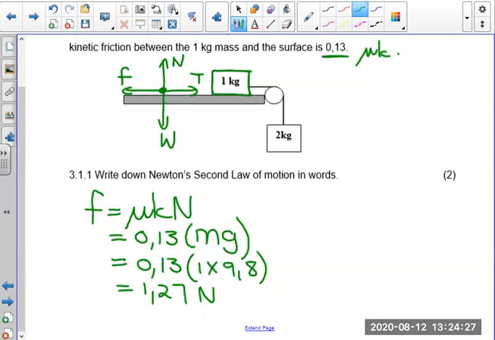In this case, it is going to be to the left. Please don't leave out the direction, because if you leave out the direction, the answer is wrong. Remember to show the direction as well as the magnitude to get all your marks.